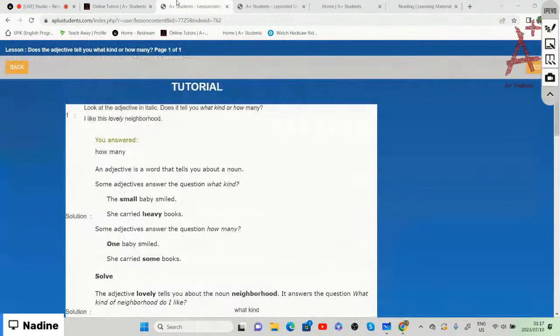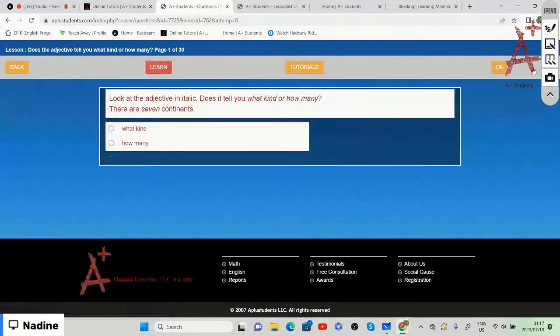All right, so that is on does the adjective tell you what kind or how many. And remember, we said what kind can be shape, color, size, texture, and so on, and how many can be either amounts in numbers, and doesn't necessarily have to be numbers as in 1 to 10.